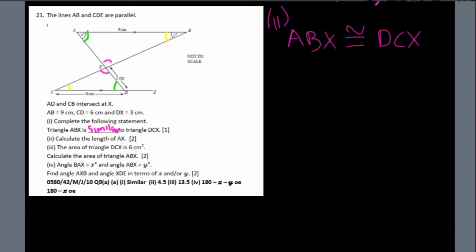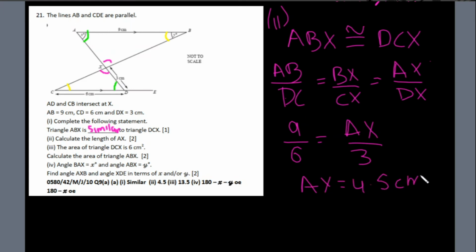Now I can use the ratios: AB divided by DC equals BX divided by CX equals AX over DX.